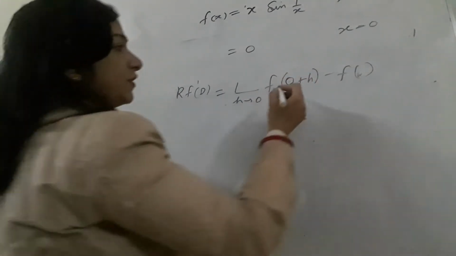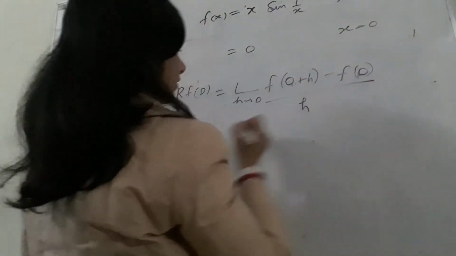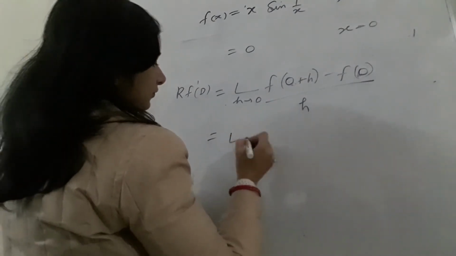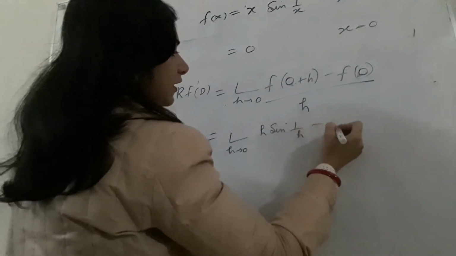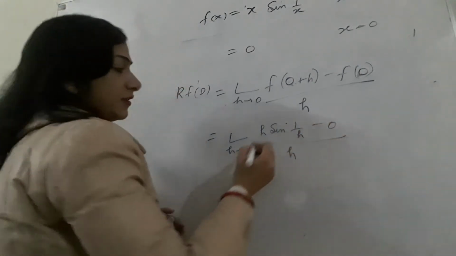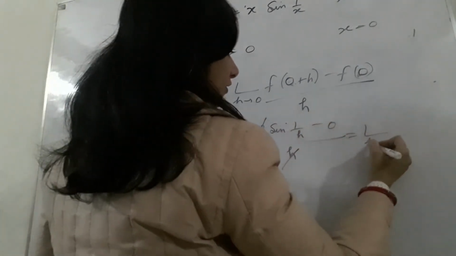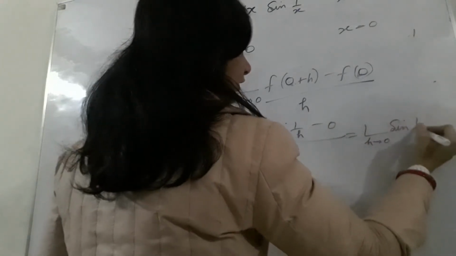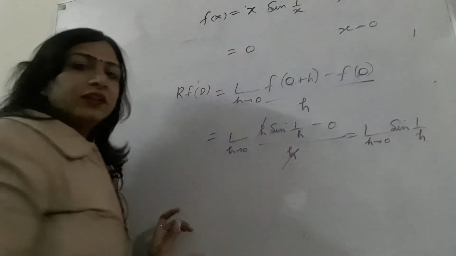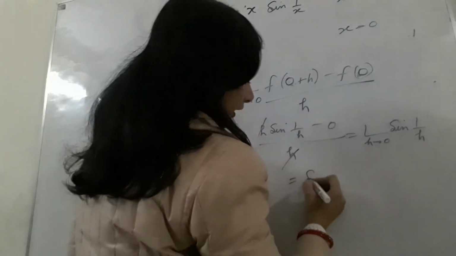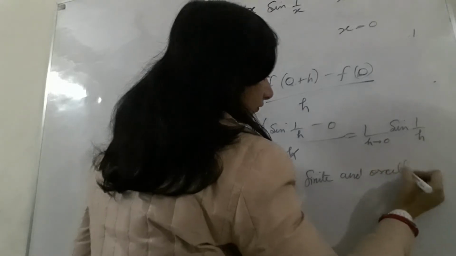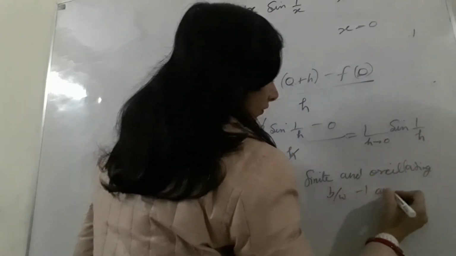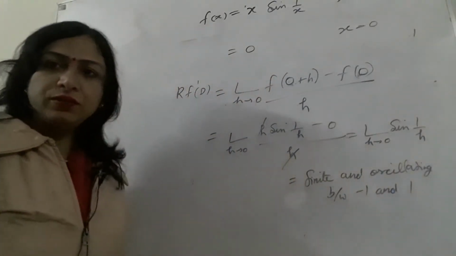That will be equal to h sine 1 upon h minus 0 upon h. Cancelling this h, we will get limit h tends to 0 of sine 1 upon h. And we know that the value of sine 1 upon h is finite and oscillating between minus 1 and 1. So its value is not unique.